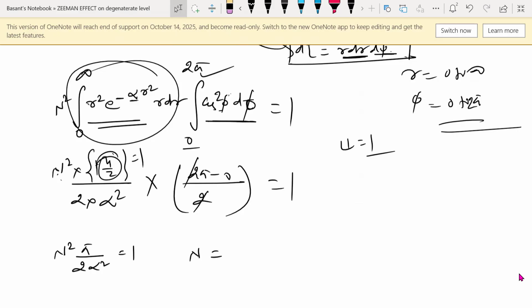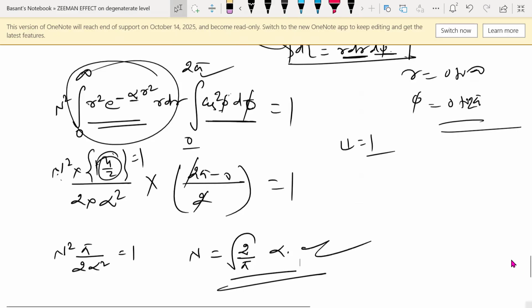So N is equal to the root of 2 by pi, and alpha. This is the normalization constant for the given wave function psi x. Okay, this is the normalization constant.